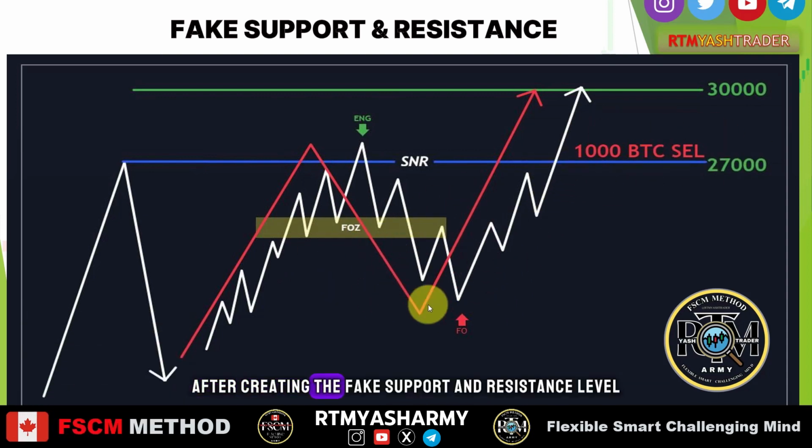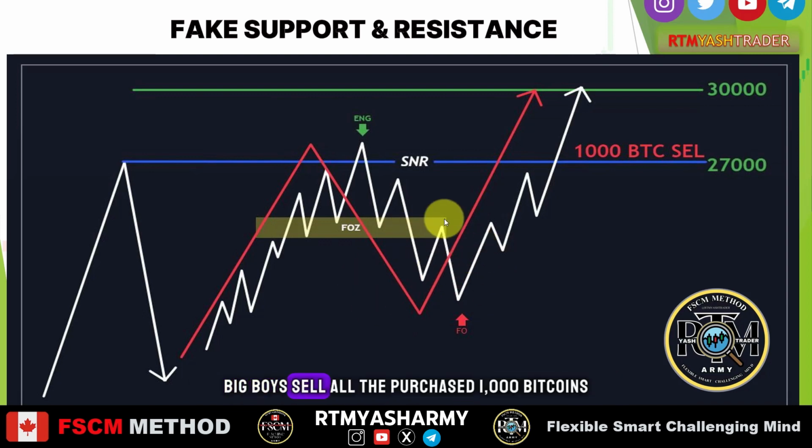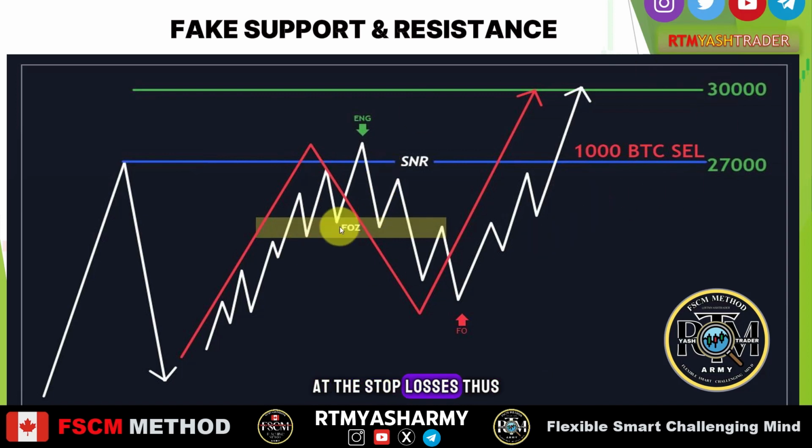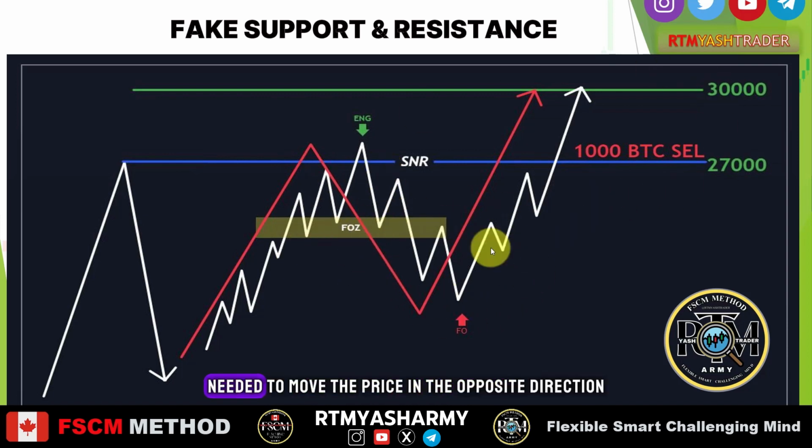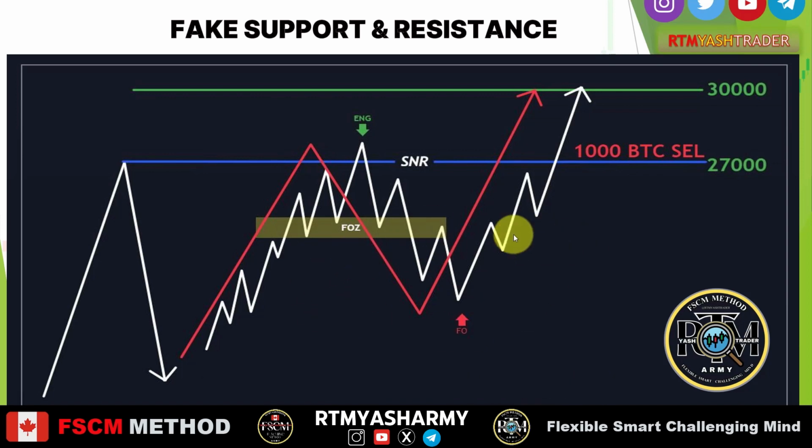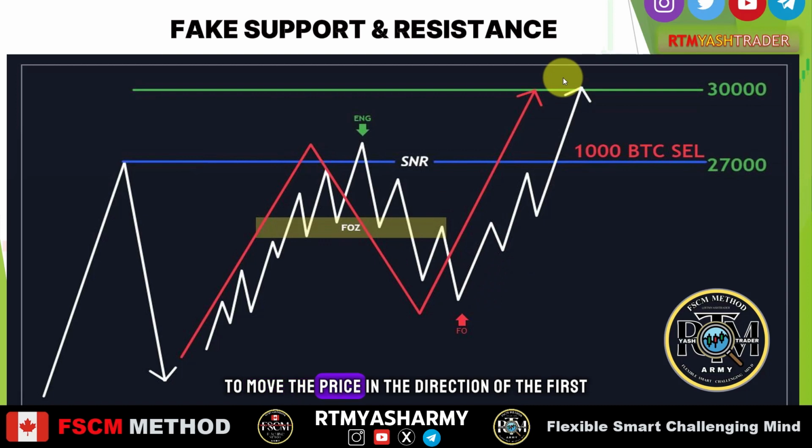After creating the fake support and resistance level, big boys sell all the purchased 1,000 Bitcoins at the stop losses, thus providing the liquidity needed to move the price in the opposite direction of breaking the fake support and resistance level. Big boys also spend some money to move the price in the direction of the first fake out.